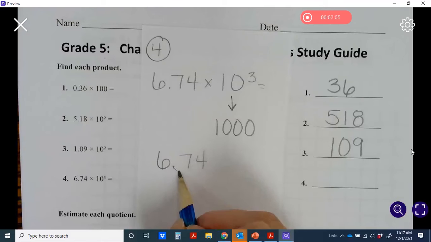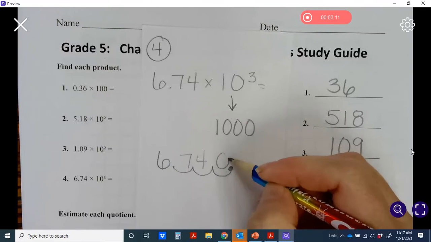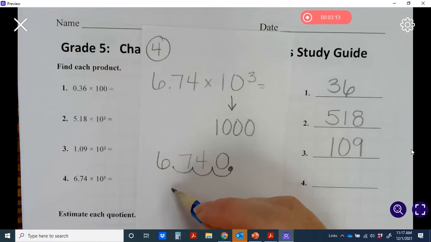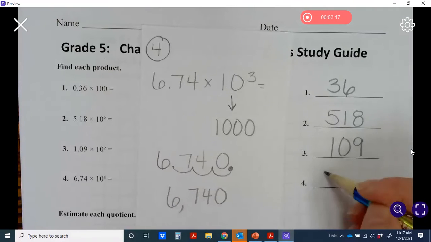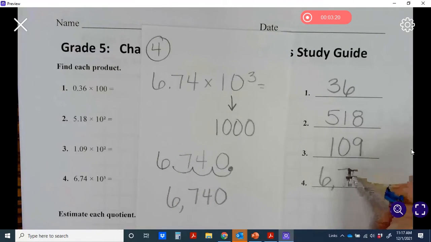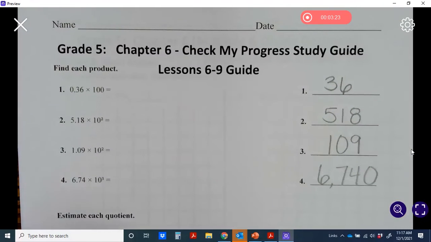So I'm moving it over 3 spaces. 1, 2, 3. This means I have to add a 0 as a placeholder. So my final answer is 6,740.